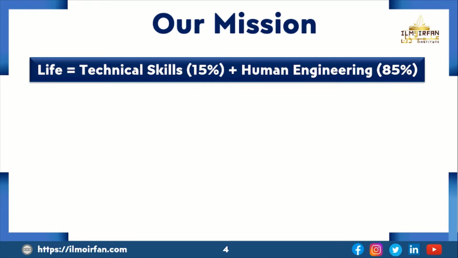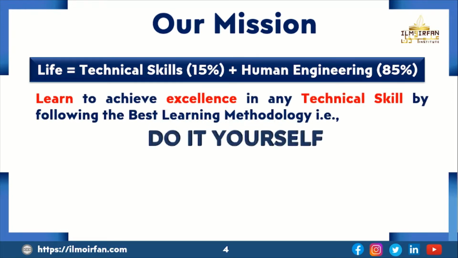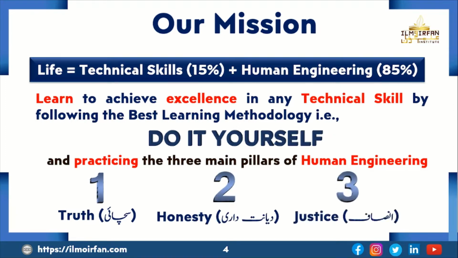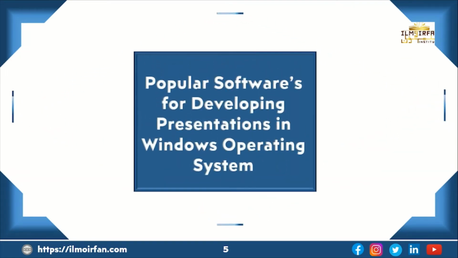Therefore, at Irfan Institute, our aim is to achieve excellence in any technical skill by following the best learning methodology, that is, do it yourself, and practicing the three main pillars of human engineering, which is truth, honesty, and justice.